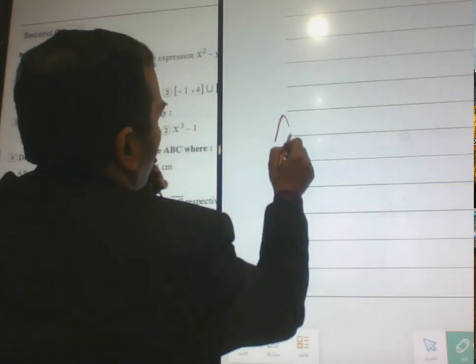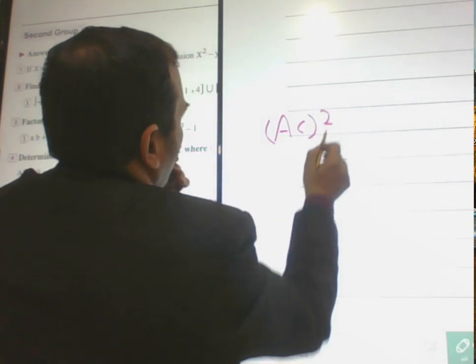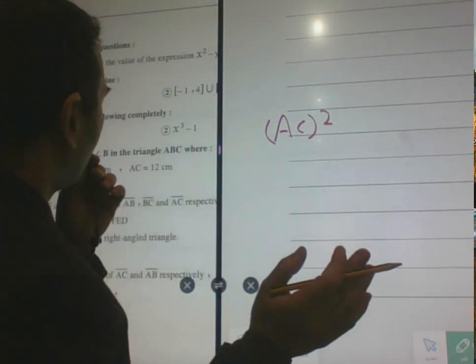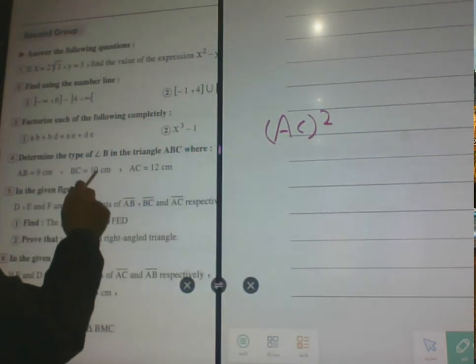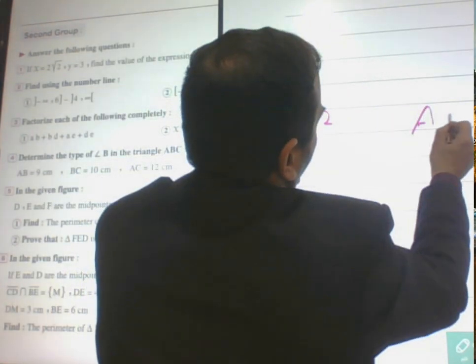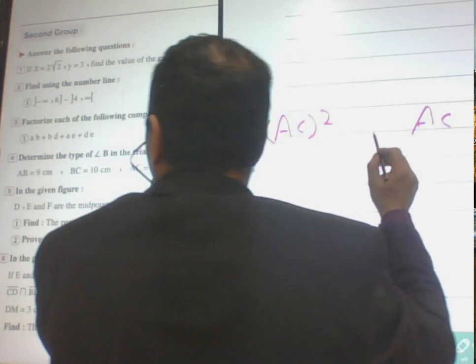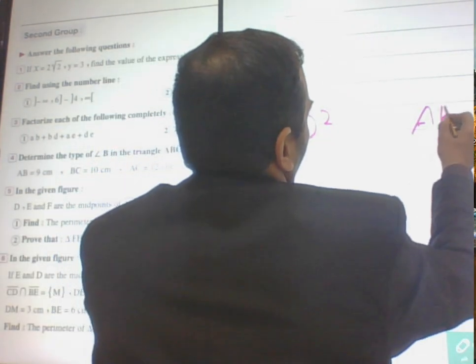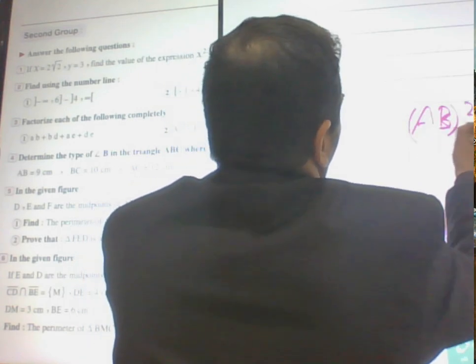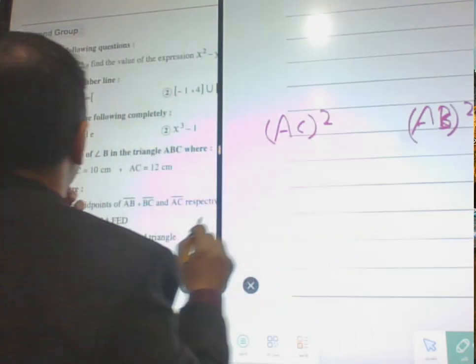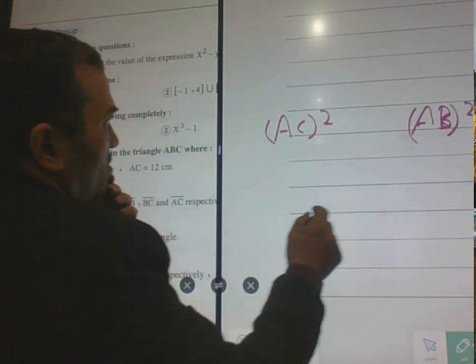Look with me, AC power 2, and compare between AC power 2 and the smaller sides here, AB and BC. AC power 2, and we have AB power 2 and also BC power 2.